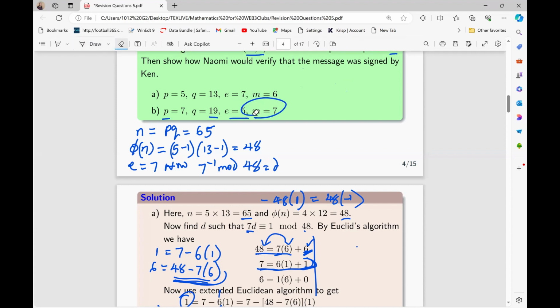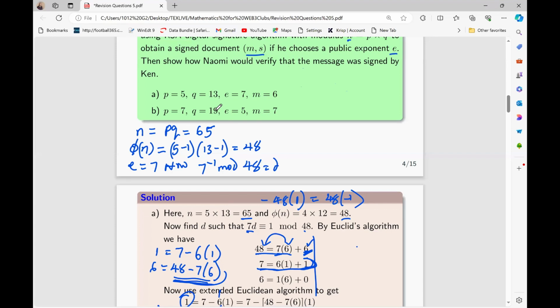So you know what we're supposed to do. We're supposed to find the product of the two prime numbers P and Q, and then you'll have phi of that product. After that, we shall get the inverse of E mod phi of N. And that inverse, we shall call it D. This is what we shall use to sign our document.